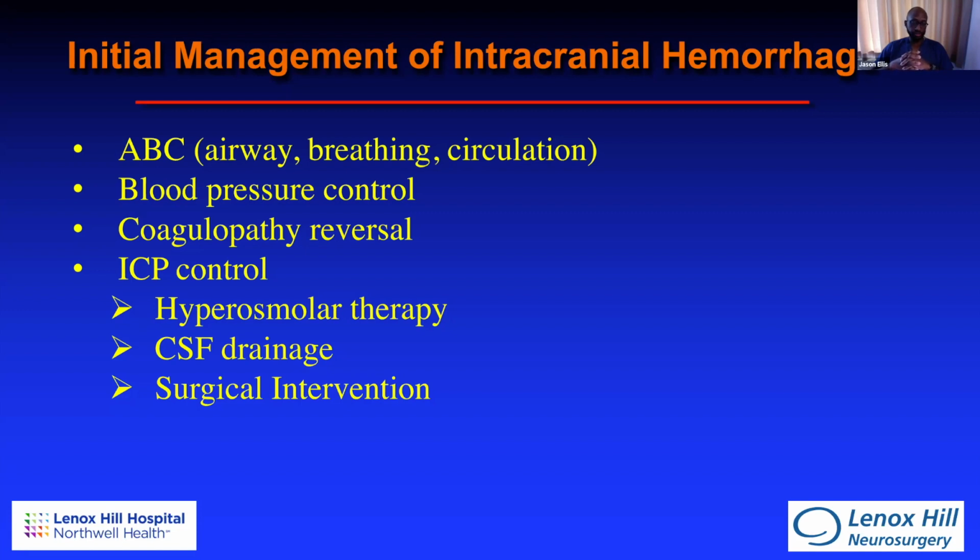CSF drainage. Cerebrospinal fluid is one of the three components of the intracranial compartment, the others being brain tissue and blood. If we remove any of those three components, we can bring intracranial pressures down.